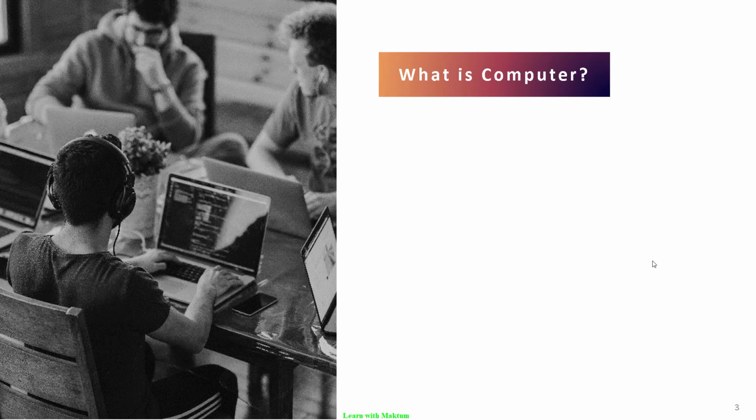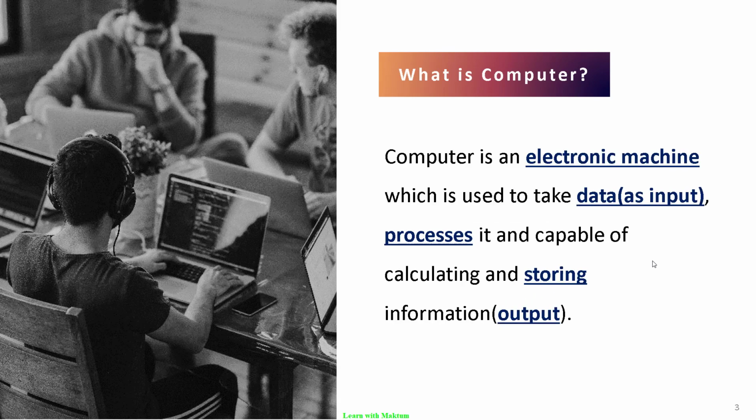So beginning with what is a computer? A computer is an electronic machine which is used to take data as input, processes it, and is capable of calculating and storing information. So it is a bit of a big definition.